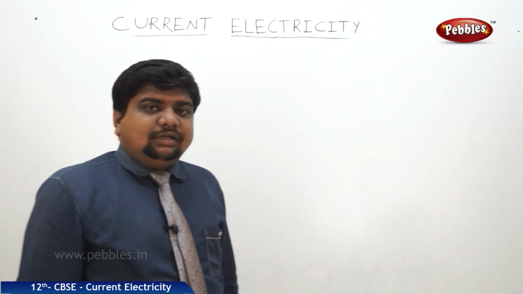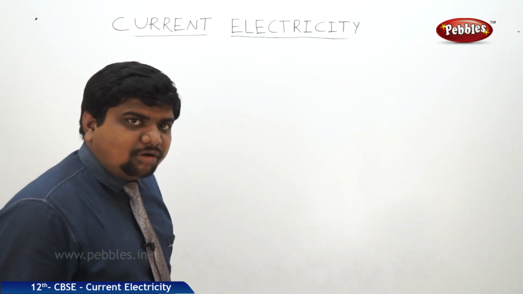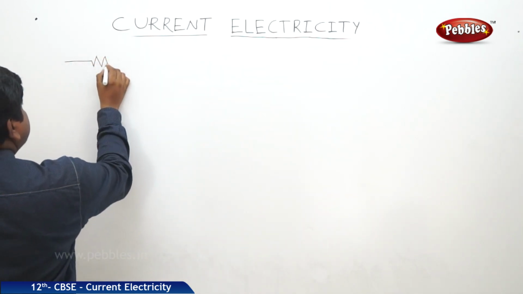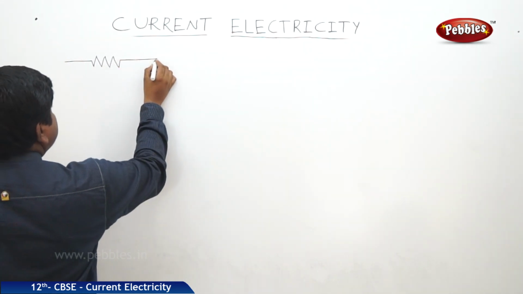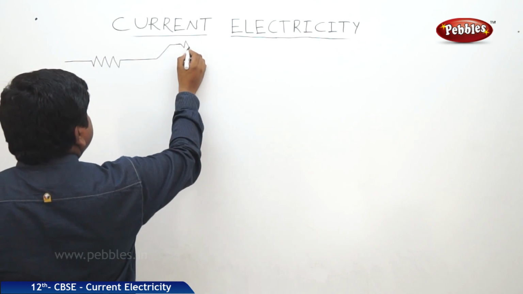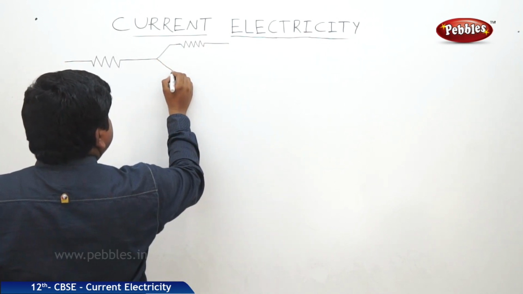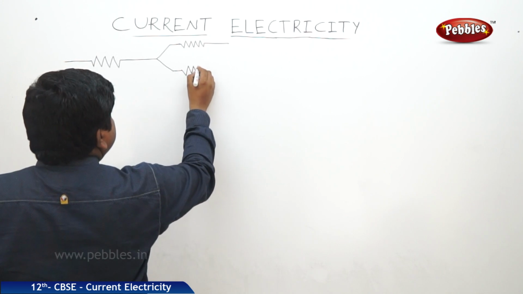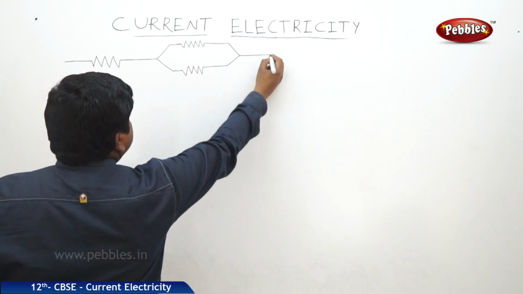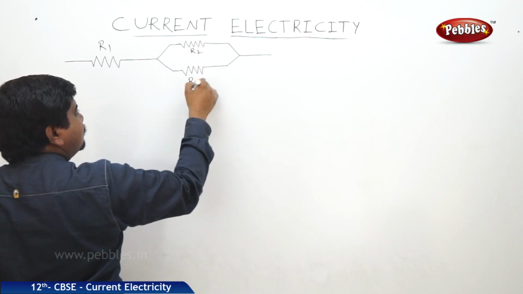Now we will see the effective resistance equation when a combination of series and parallel both will exist. The combination is like this. Let us say this is R1, this is R2, this is R3.